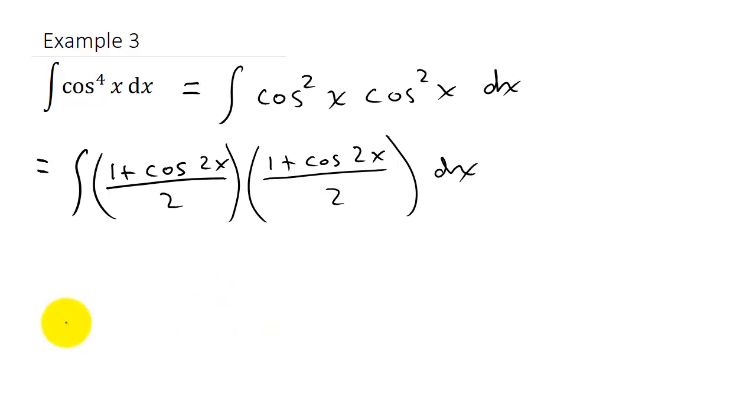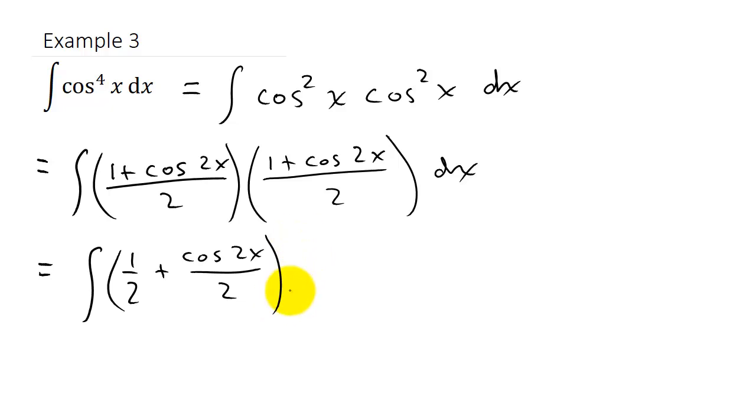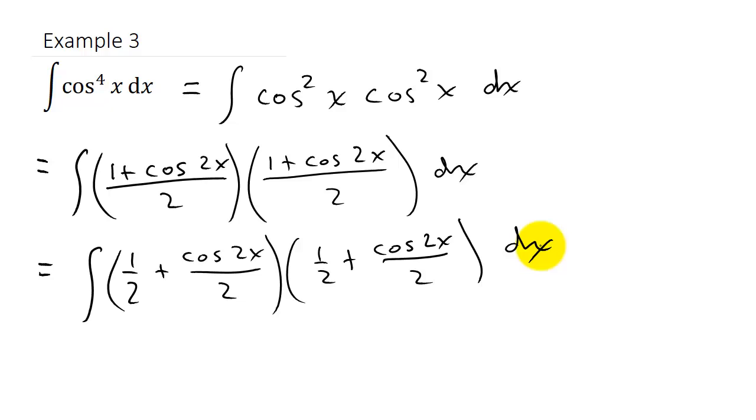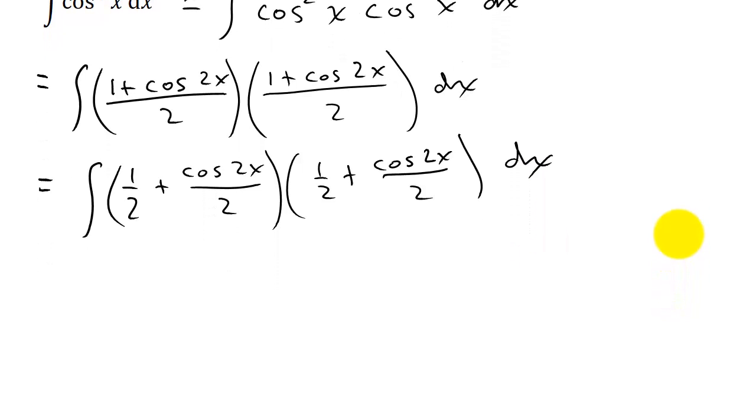Alright, so now what I need to do is FOIL these out. Let me write it as 1/2 plus cosine 2x over 2 times 1/2 plus cosine 2x over 2 dx. I just split those fractions up. Now I can FOIL these out.